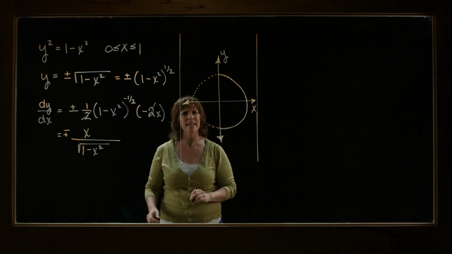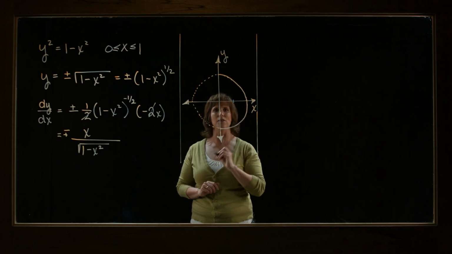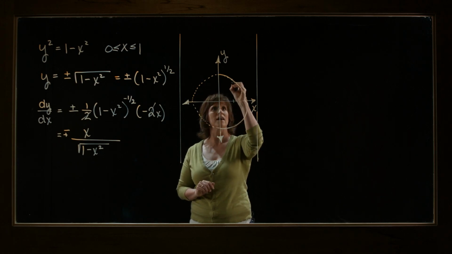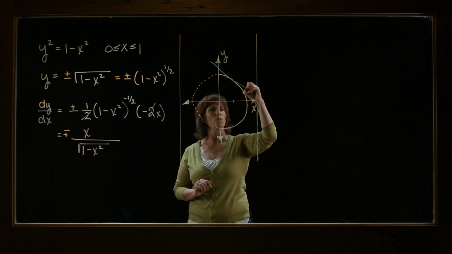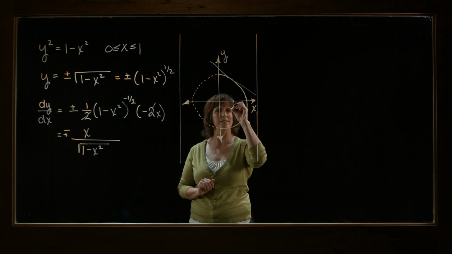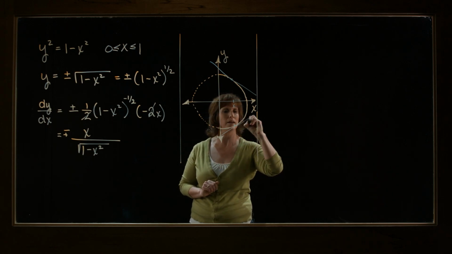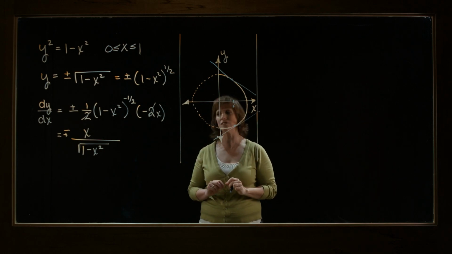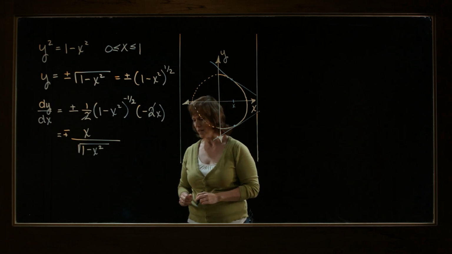So what happens at any given point? Let's say x is this value. Let's find the tangent line. Well, that's the tangent line at that value of x. I'll mark that as an x. And so is that. I have two different answers, which is why I had the minus or plus version.